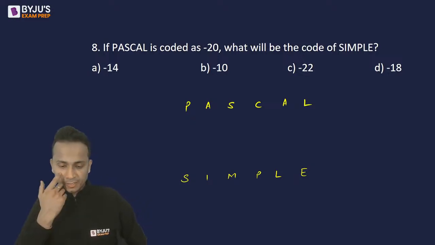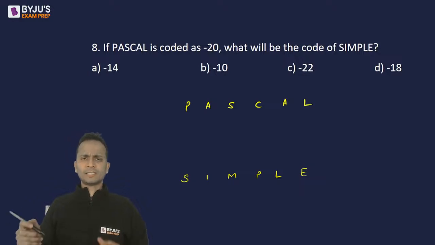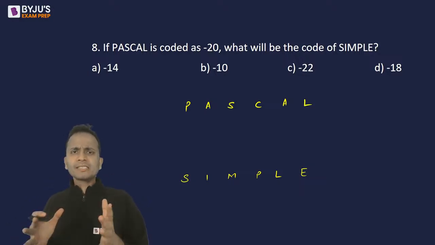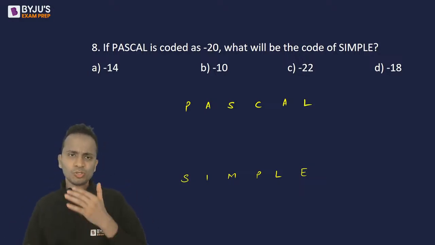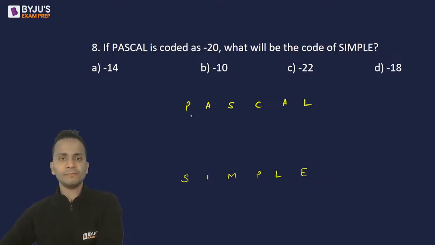Any other answer? So Sonu says option D, that is minus 18. Now since the code is in terms of numerical value, so I should be writing the numerical equivalents for these alphabets. Okay. So P is 16, A is 1, then 19, 3, 1, and 12. Okay.